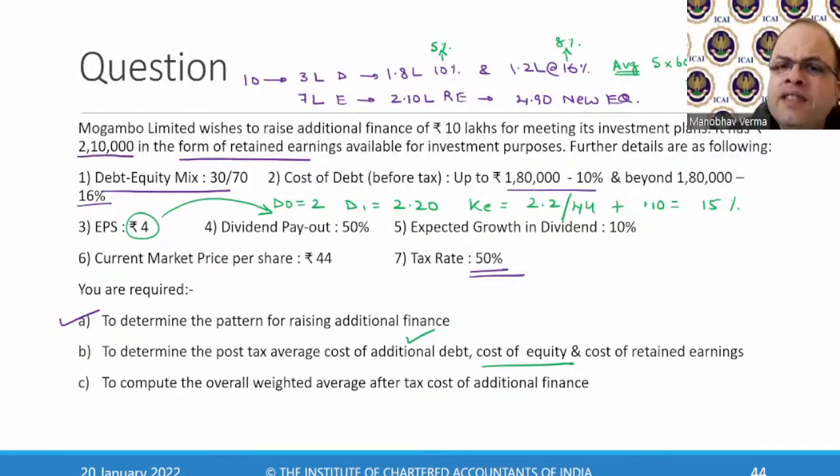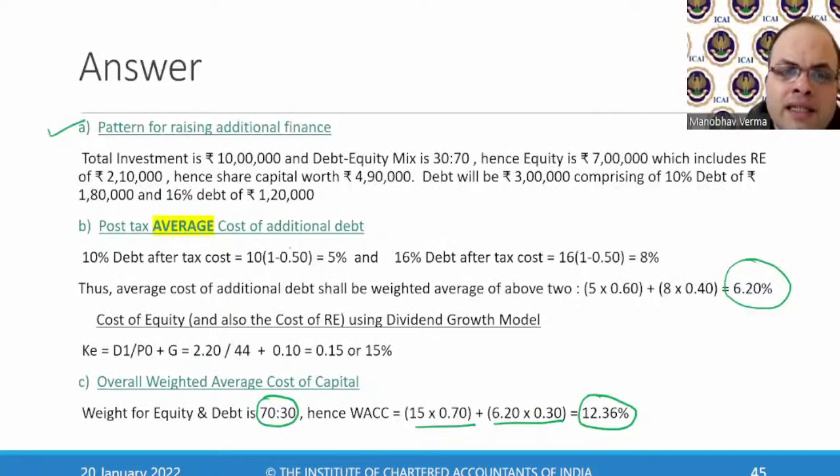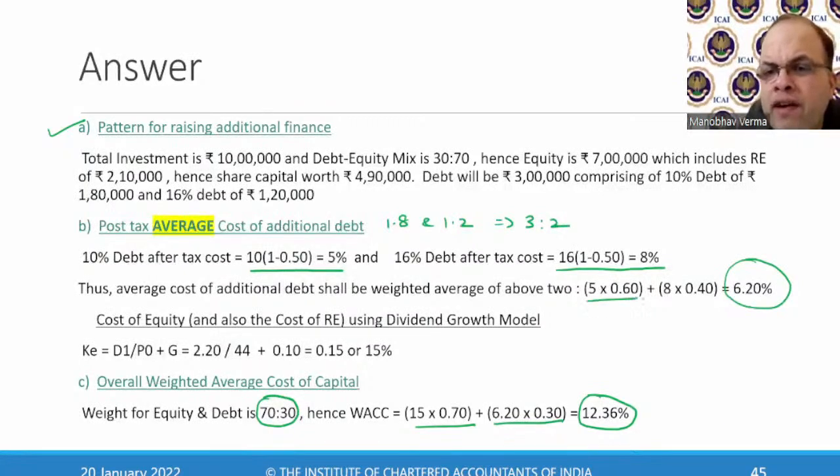Since my tax rate is 50%, what I've done is 10% into 1 minus 0.5, which is 5%, and 16 into 1 minus 0.5 is 8%. Now, since you're talking about 1.8 and 1.2, that means 3:2 ratio. That is what we have applied to the weightage of debt, and we are getting 6.2. That's question number B.